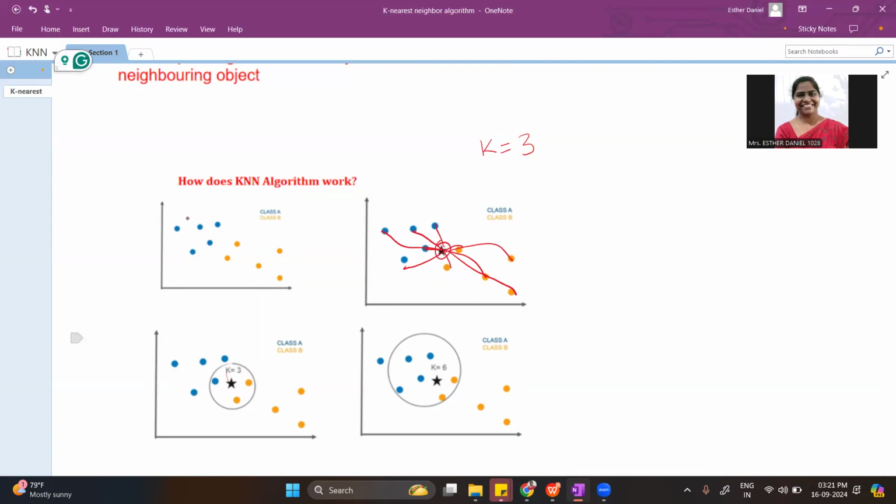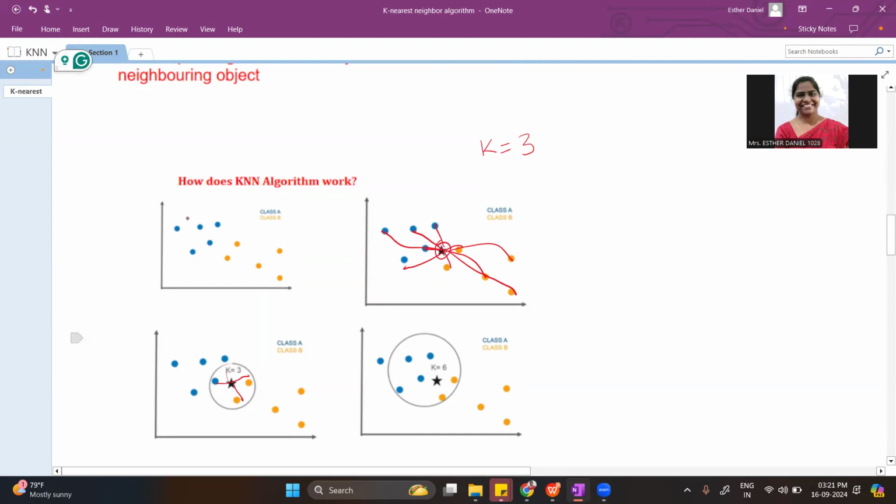So we consider the 3 neighbors which are very close. The distance should be very near to this unlabeled data. So we have found that these 3 data points are very near to the unlabeled data point, the star.